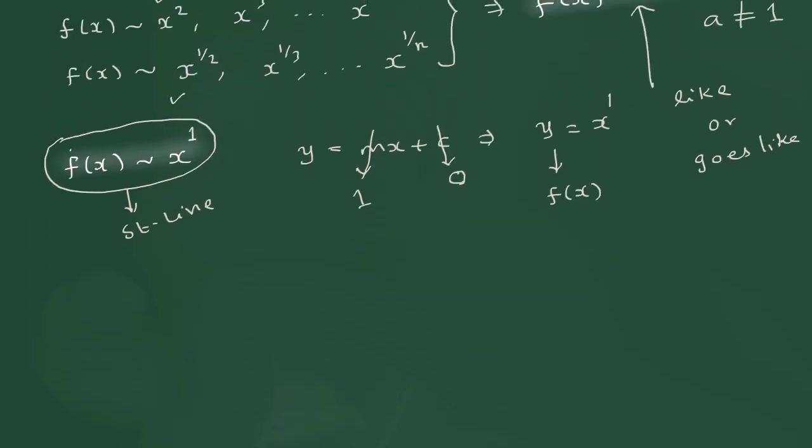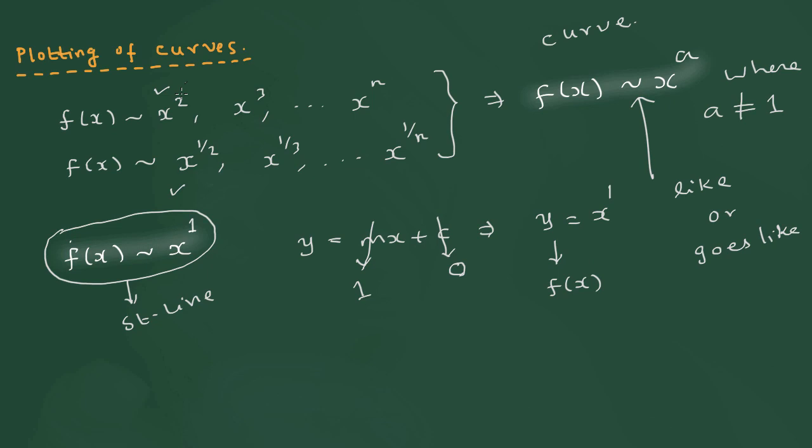So coming back to the curve case, what did we discuss a minute back? We have seen that we want to plot curves that look like x to the power a. So we want to plot any graph that looks like x to the power a, where a is greater than 1.